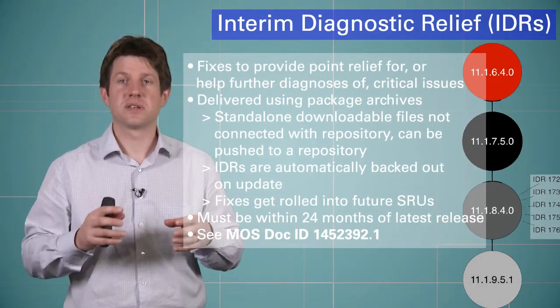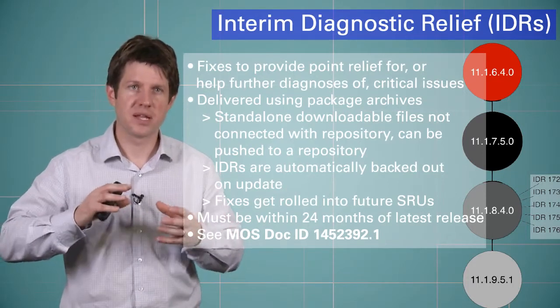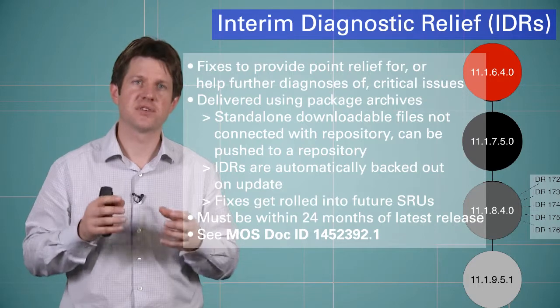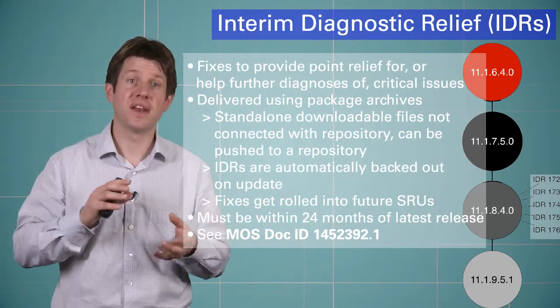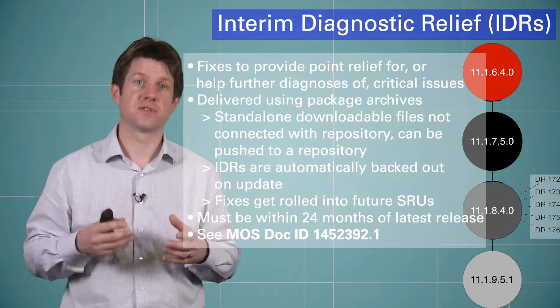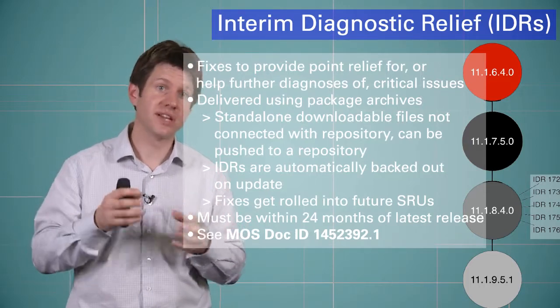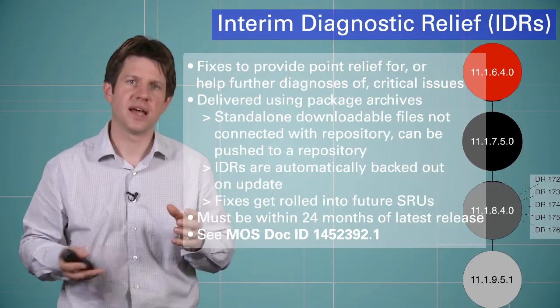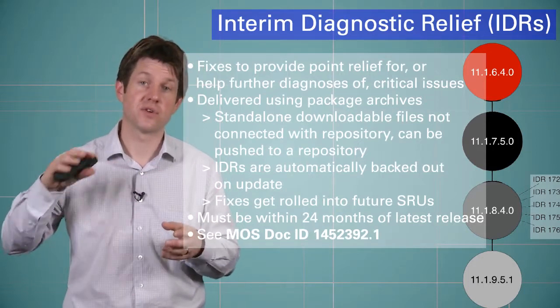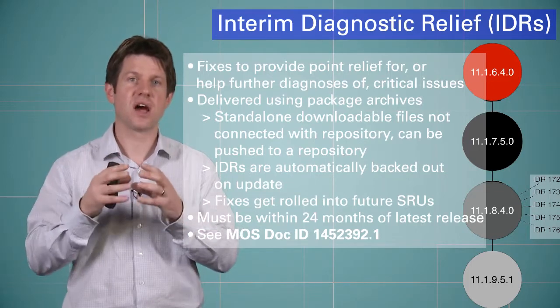For those customers that are experiencing bugs that may be pretty critical, we actually provide interim diagnostic reliefs, or IDRs, and these really help customers provide point fixes or relief for certain bugs, or help further diagnosis of critical issues. Now, unlike the SRUs and the CPUs that are delivered through a repository, these are actually delivered using standalone package archives.